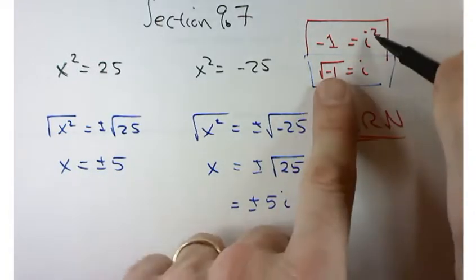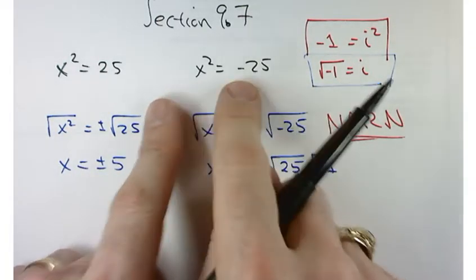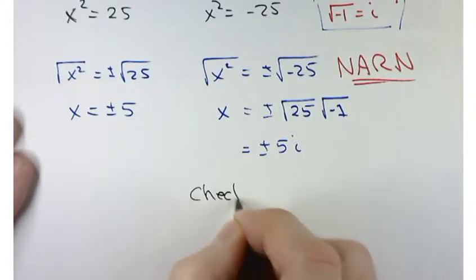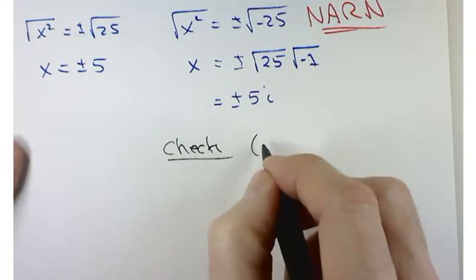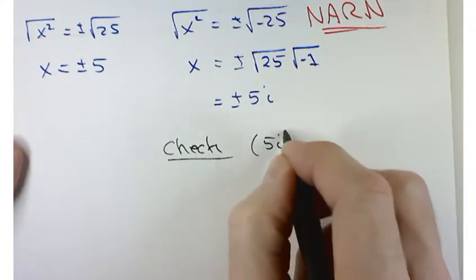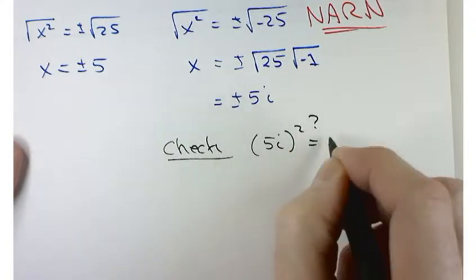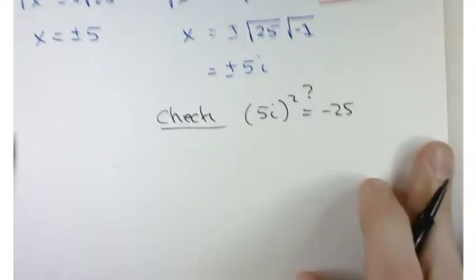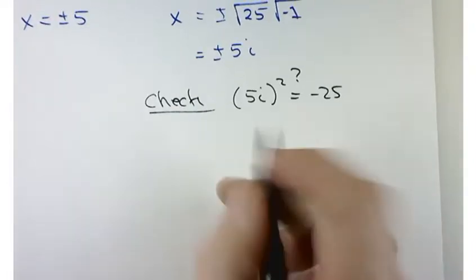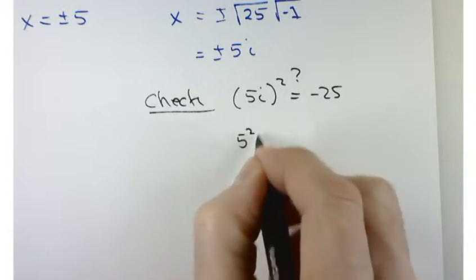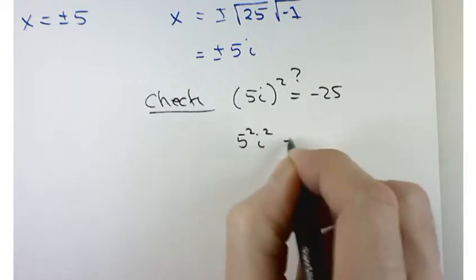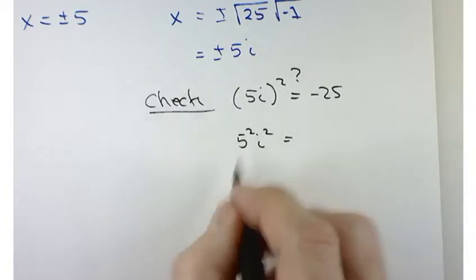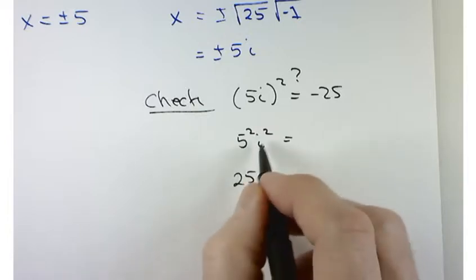So with this, let me check that our answer actually works. Let's take 5i and square it and see if we get negative 25. Well, it's going to be 5 squared, i squared. 5 squared is 25, but what's i squared equal to?